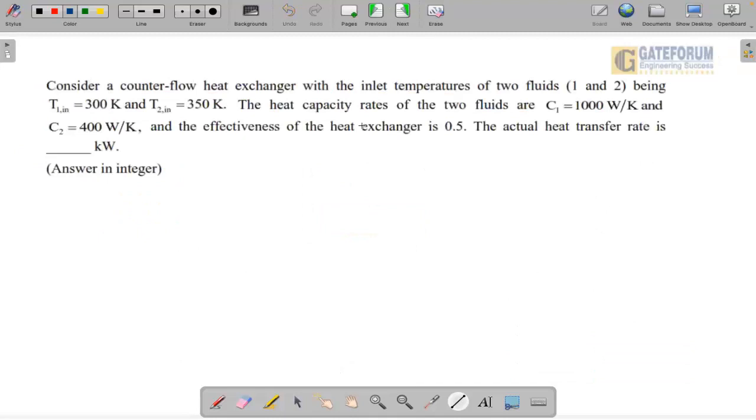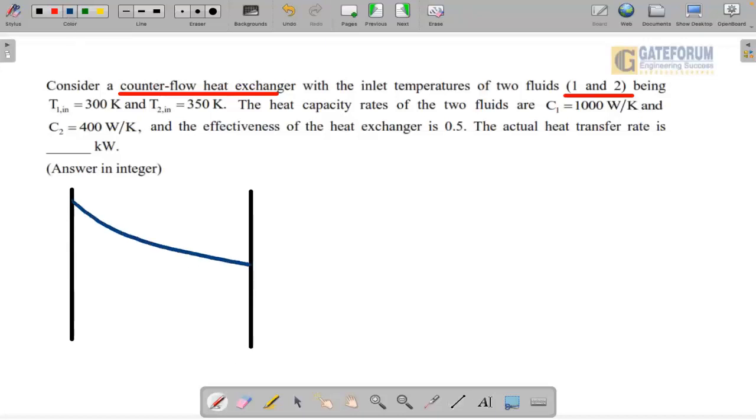Next, counterflow heat exchanger, my dear. Very easy problem. Again, see, in a counterflow heat exchanger, the inlet temperatures of the two fluids, 1 and 2, are given. So let me draw the profile. Suppose counterflow heat exchanger, the profile you know very well. It is going to be like this.